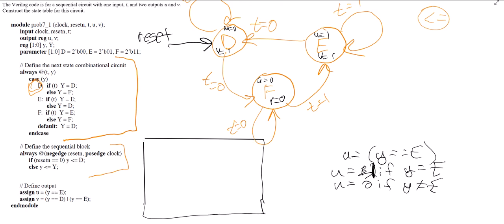Should probably stick to the straight line tool because I have tremors as it is and no sleep and can't draw straight lines in the best of times. Although this is about as good as it gets for me. Okay, so we have present state here. And then we'll have our next state.